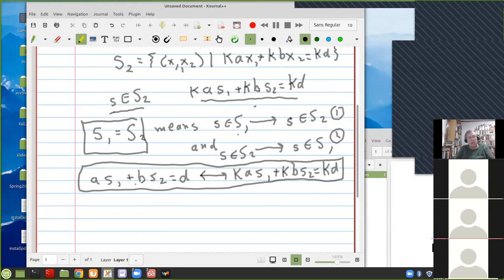And you can see that, in fact, if this is true, if the left-hand side is true, this is just a special case of something you've done all the time. I mean, if I have x equals y, well, you know that implies that 5x equals 5y.